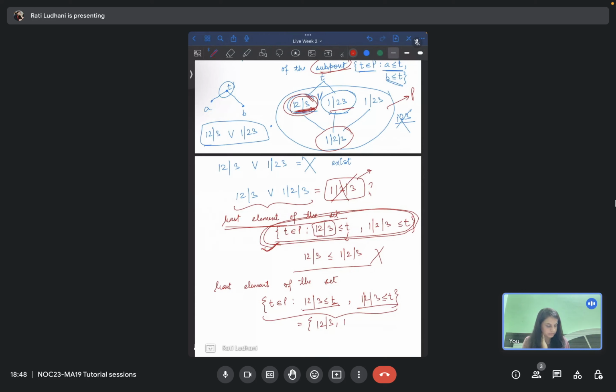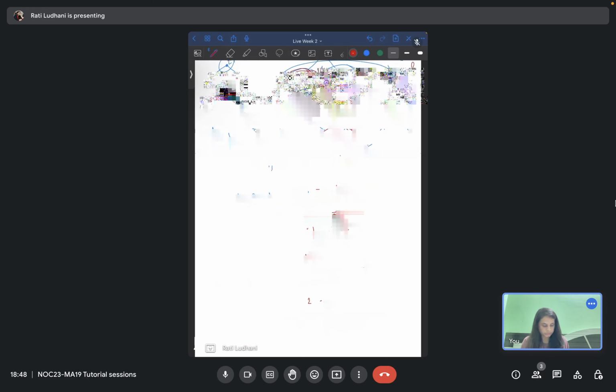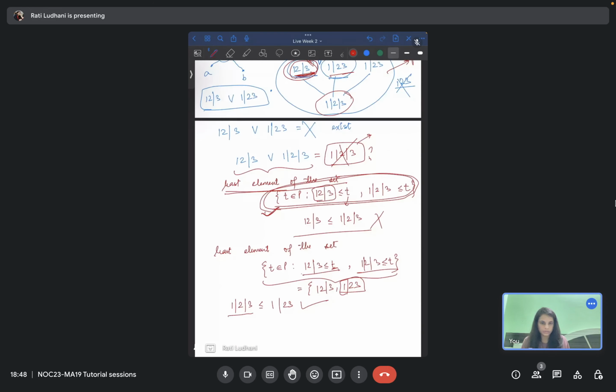Can we have any other element? Let's say, can we have 1, 2, 3? And this element also less than or equal to 1, 2, 3? Yes, it is true that this is less than 1 bar 2, 3. The lower one should be the refinement. So 1, 2, 3 is less than or equal to 1 bar 2, 3. That's okay.